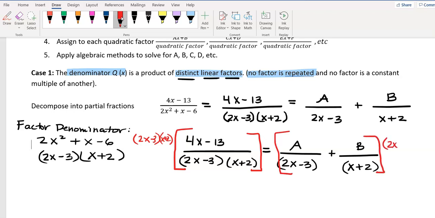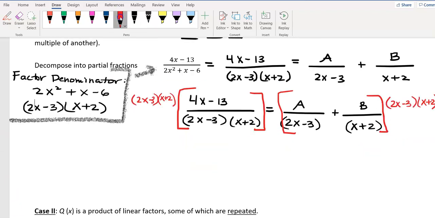So 2x minus 3, x plus 2 on the right. Now, because I'm multiplying on both sides, the denominator on the left will cancel, right? Because they have a 2x minus 3 here and a 2x minus 3 here and an x plus 2 here and an x plus 2 here. So that would cancel, leaving me simply with the expression 4x minus 13 on the left.